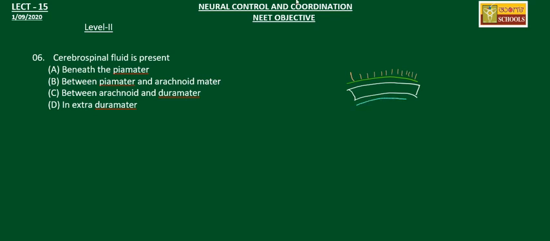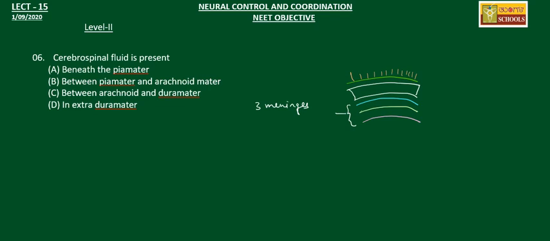So this is one meninx. The next below that there is one more, and one, okay, three meninges are present. So these are three meninges.